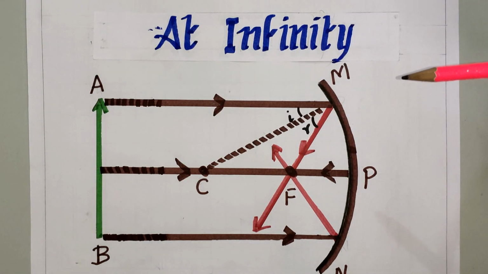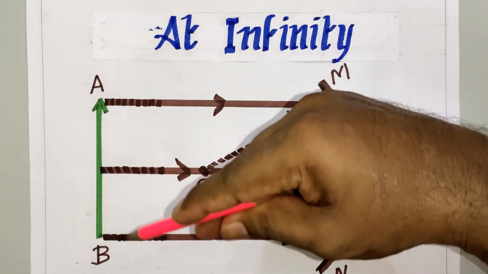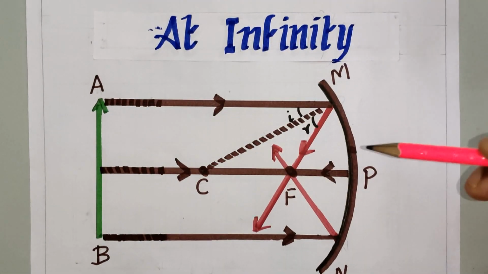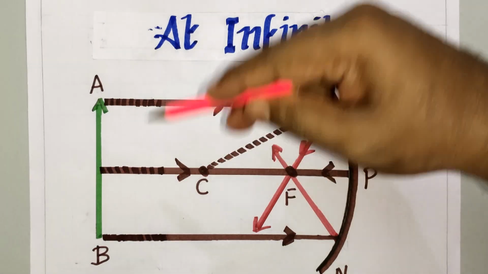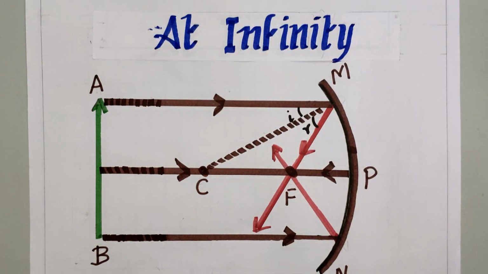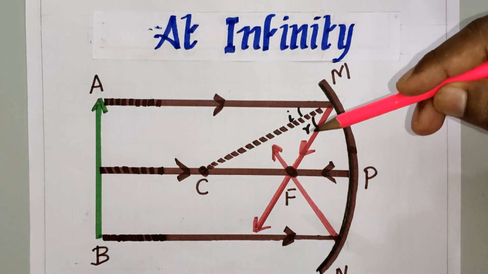The first position is at infinity. If we place an object at infinity, we will get the image at focus. How? From the 4 rules, we may take any 2 rules, but for this position, 1 rule is enough. Light rays from the object travel parallel to the principal axis.